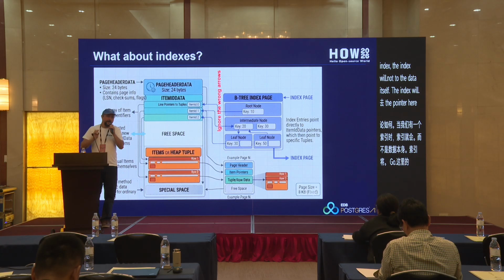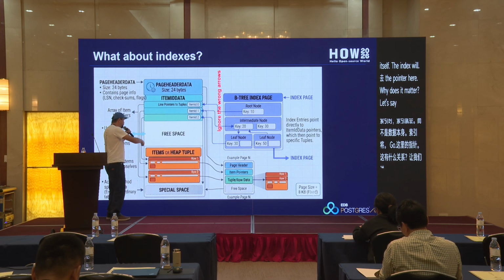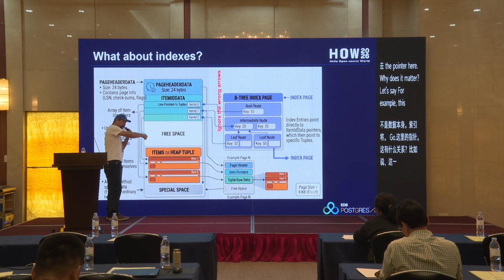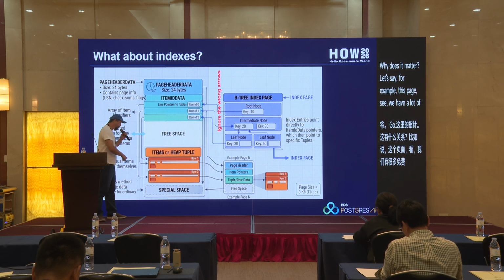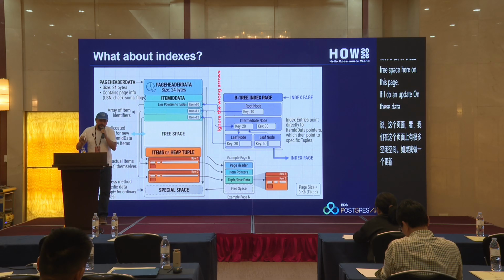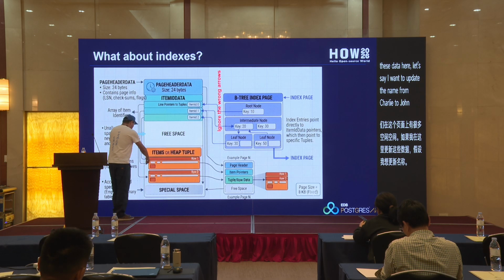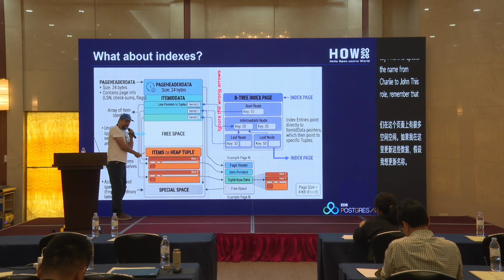And why does it matter? Let's say, for example, this page, we have a lot of free space here. If I do an update on this data, let's say I want to update the name from Charlie to John, remember that I said this row will not be updated in place.